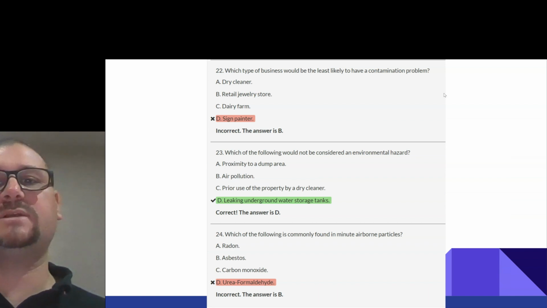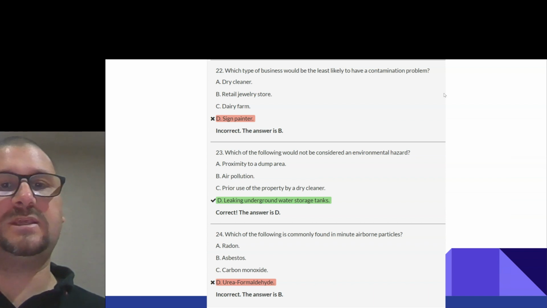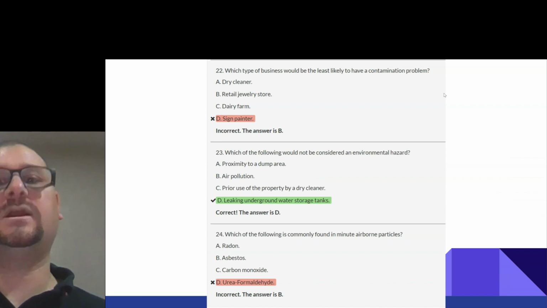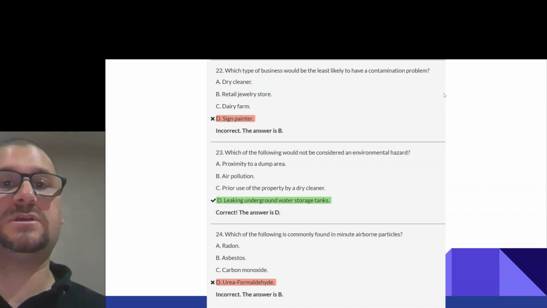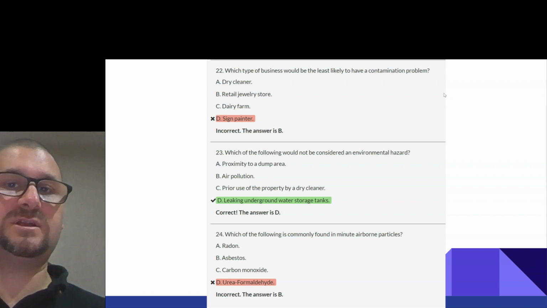Which of the following would not be considered an environmental hazard? So Delta, leaking underground water storage tanks. Not be considered an environmental hazard. Leaking underground water storage tanks. So this would not be considered an environmental hazard. So would proximity to a dump area be considered an environmental hazard?